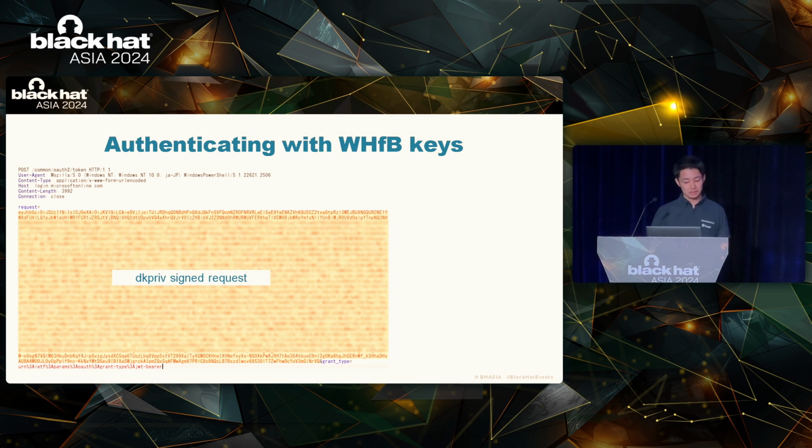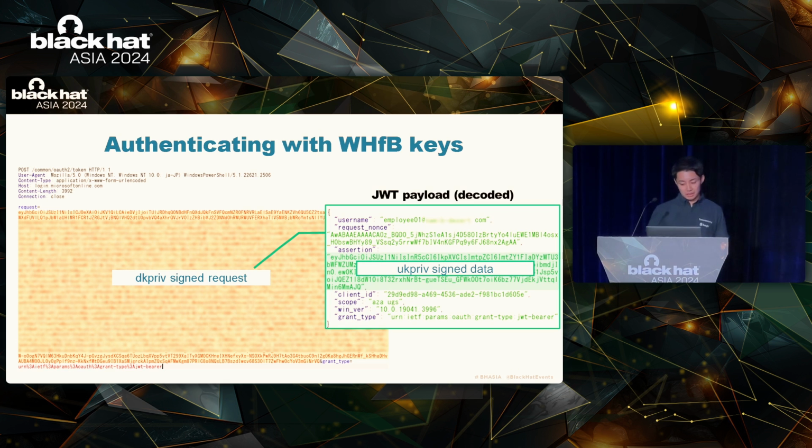This is the request to Entra ID during the authentication, and it has the device key signed JWT in the request. If you look at it, the JWT's payload contains data with the signature of the Windows Hello for Business keys. Entra ID receives this request, and with it, Entra ID can perform its authentication by validating the key usage of the device key and also the Windows Hello for Business keys.